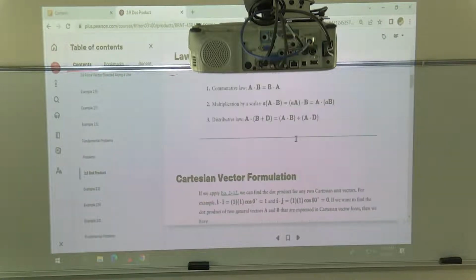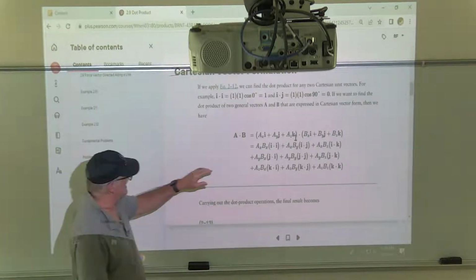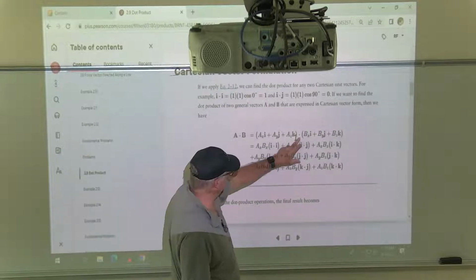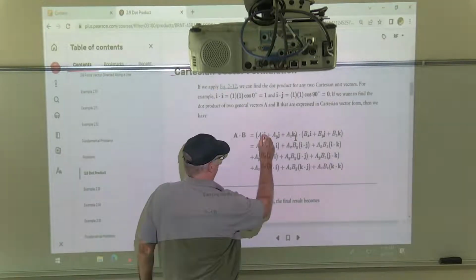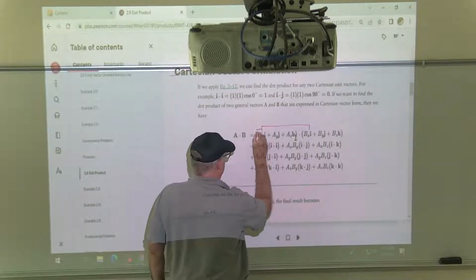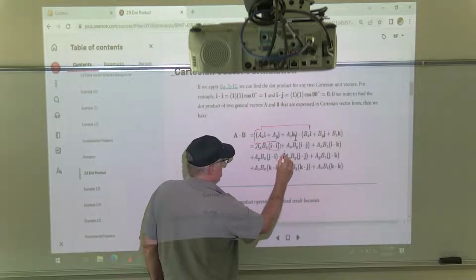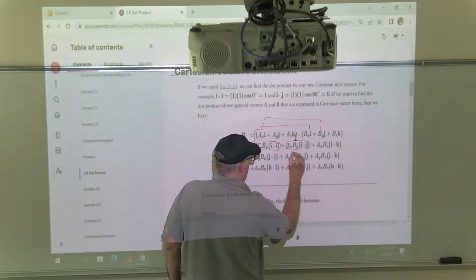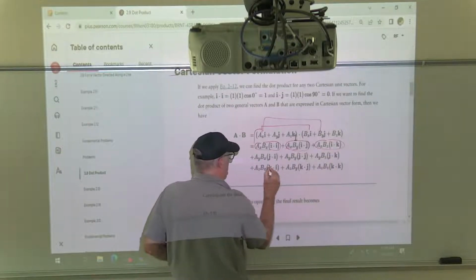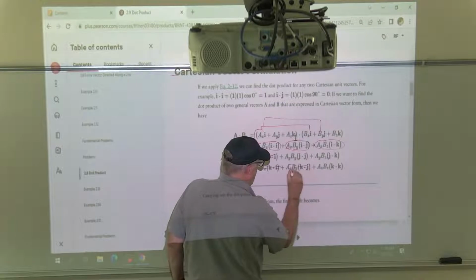So laws of operation, this is what we talked about earlier. If you have this big long vector dotted with this, what you'll notice is he's dotted those and put them right here. Then he dotted AX with BY, put it right here, and lined them all up. The only ones that are left are the diagonal ones.